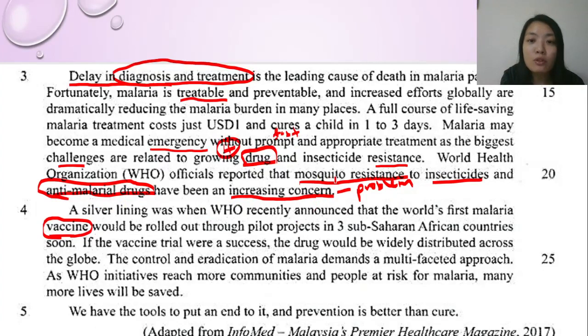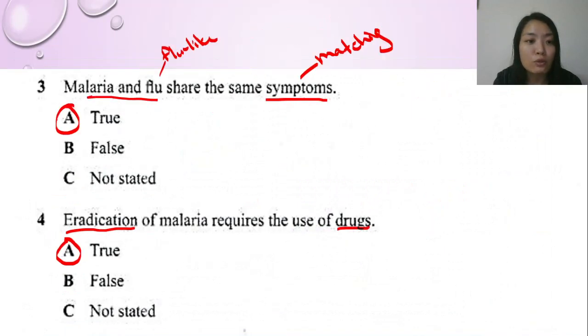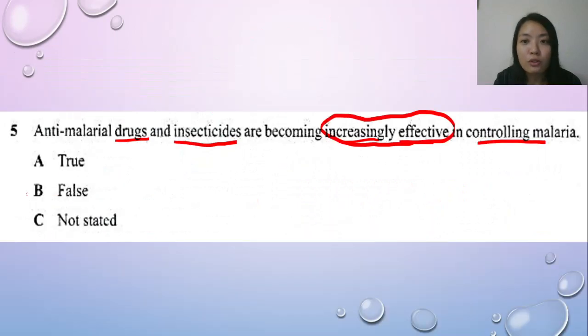That means the mosquito is getting more and more resistant to the insecticide and the drugs, and this is a concern. Increasing, you see they use the word increasing. Sometimes they like to use the same word to confuse you, but you don't have to be confused. So over here it says it is becoming more and more effective. Is it actually more and more effective? In the text it says here, increasing concern.